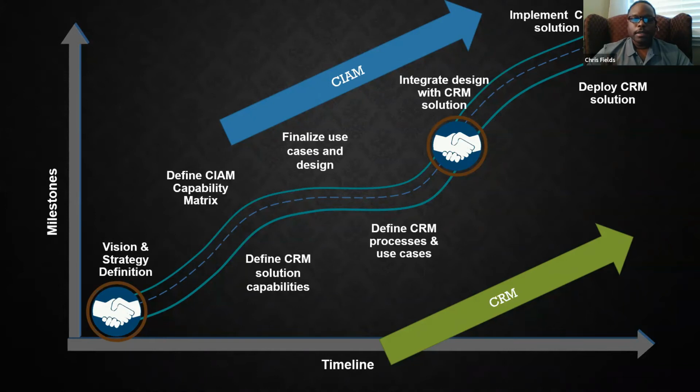So, when we talk about beginning that CIAM journey, and some of the biggest challenges we've seen in making that transition, the first thing is really, a lot of times it's traditional IAM practitioners that are working in conjunction with the business and the marketing organization.